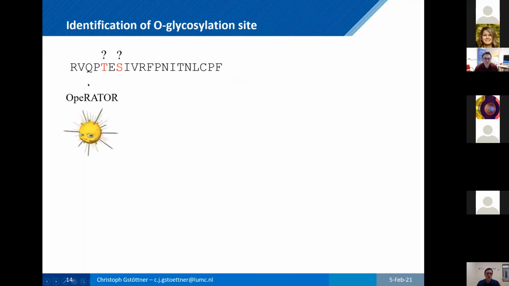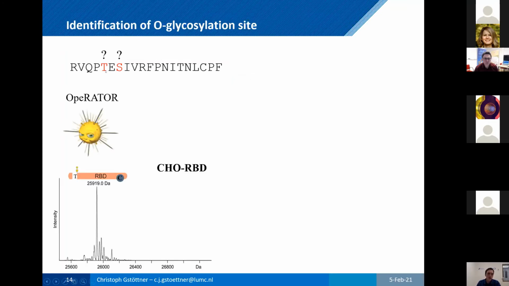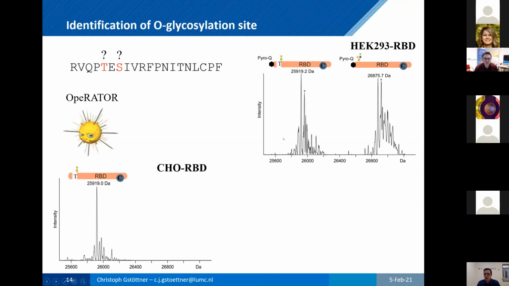So we used the so-called O-protease, called OpeRATOR. And this O-protease is cleaving either N-terminal to the O-glycan, and so it would cleave either N-terminal to the threonine or N-terminal to the serine. And in the CHO cell produced material, you clearly can see a cleavage N-terminal to the threonine. So there is localized at the threonine the O-glycosylation.